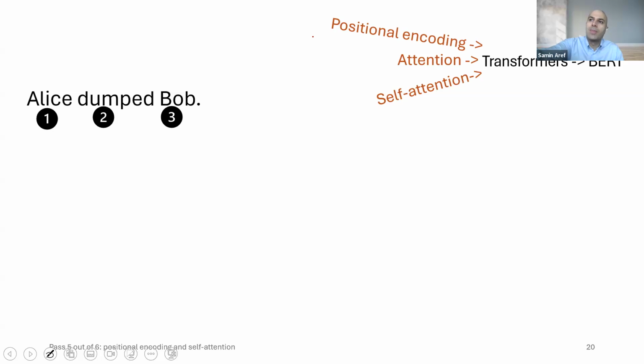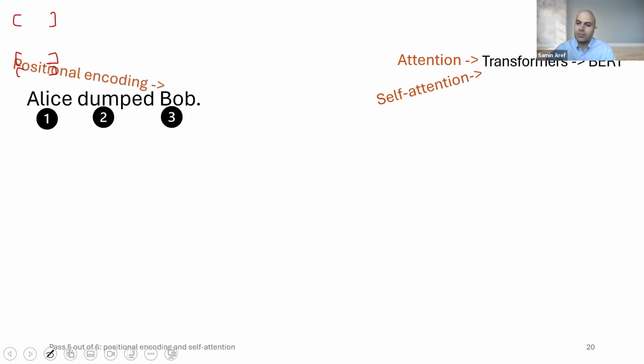So we use a vector that represents Alice, another vector that represents position 1, and add them together. The result is a vector that represents both the semantic representation of this specific word and the fact that this word has appeared in the first position in this sentence. So this is called positional encoding.